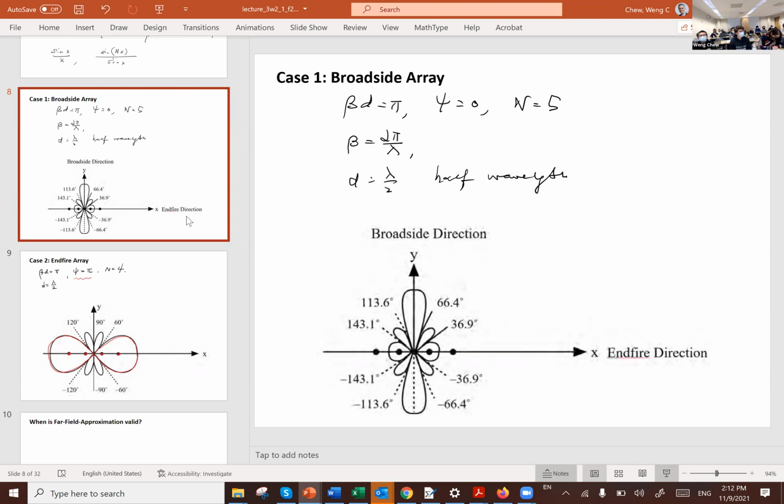I think you can have 4 elements which will cancel each other's contribution, and we have nothing happening horizontally. But we don't have perfect cancellation in the horizontal direction. What is the reason? We're just going to do a sanity check on our solution.